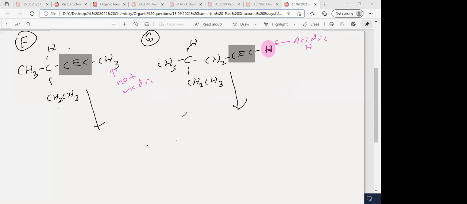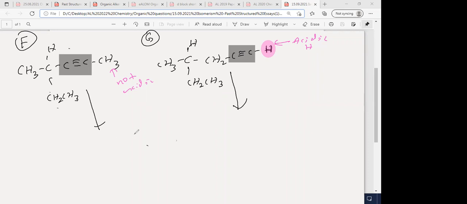So any others? You can put silver nitrate and ammonia, or cuprous chloride, Cu2Cl2, and ammonia. One of those you can put.